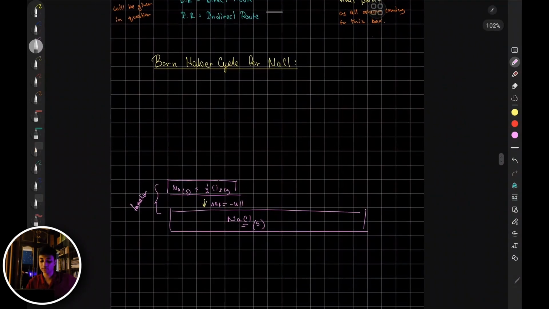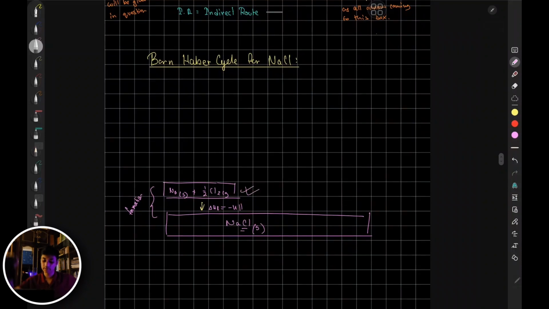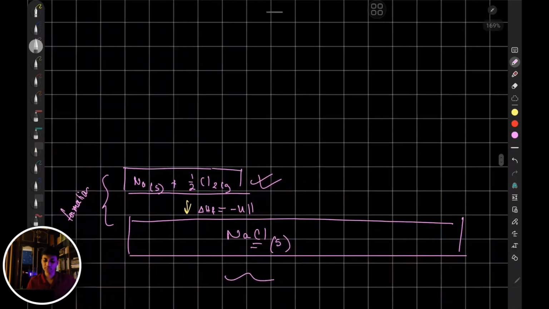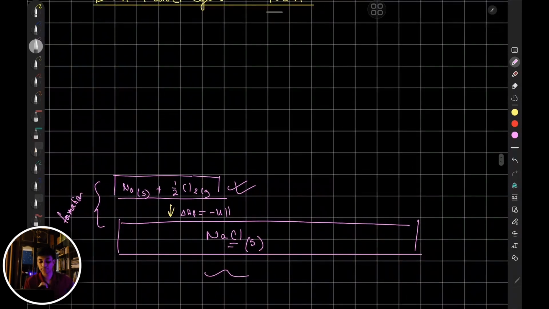Next up, where can we go with this equation or this set of elements? What can we do to these elements to get back to NaCl by an indirect approach? If you remember from the list of enthalpy changes that I went over while introducing the Born-Haber cycle, there was a term called atomization. And we are going to start off with atomization. Now, there are two ways to do this.